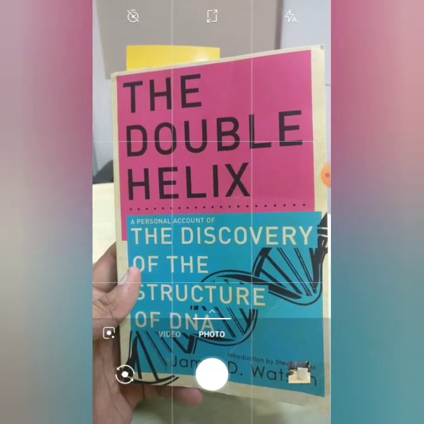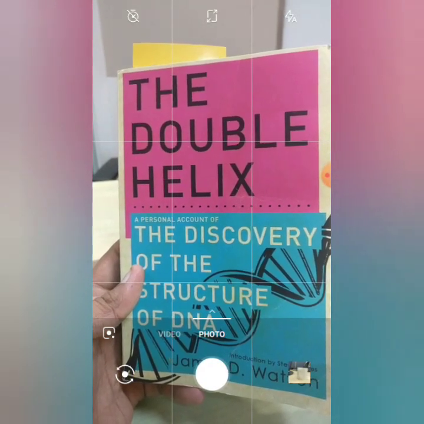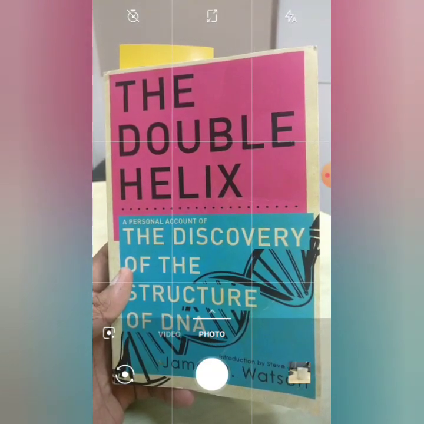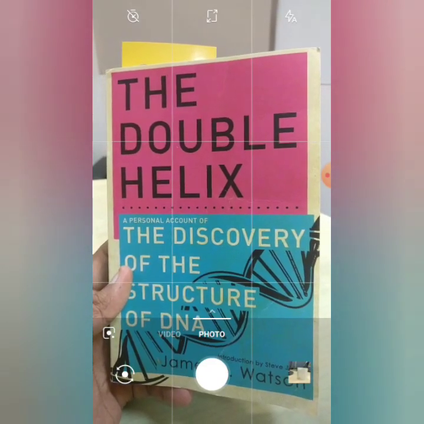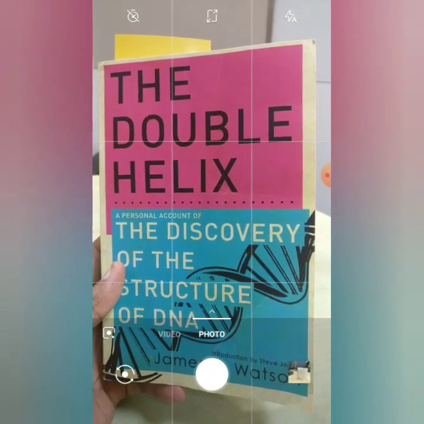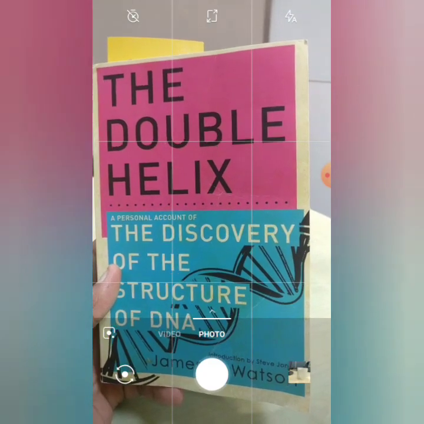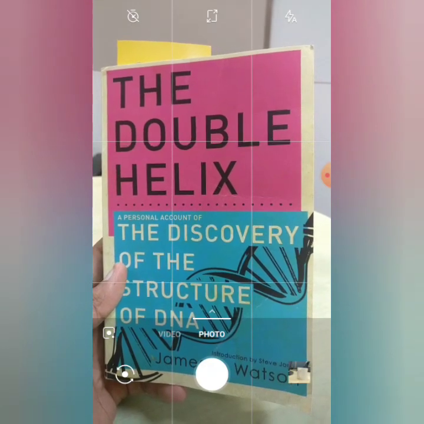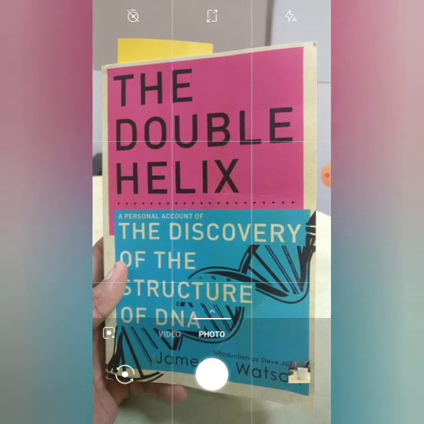They figured it out because they read the research papers of many people, including Linus Pauling and Morris, and the X-ray pictures which Rosalind Franklin took during her experiments with DNA. The knowledge of Watson and Crick got shaped by the findings of other scientists of those days, and eventually it led them to the discovery of the structure of DNA. And this book covers all of this.